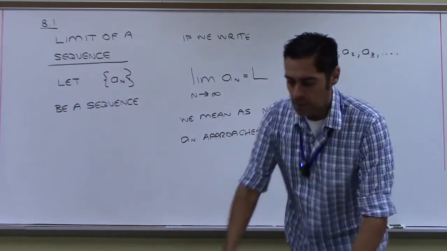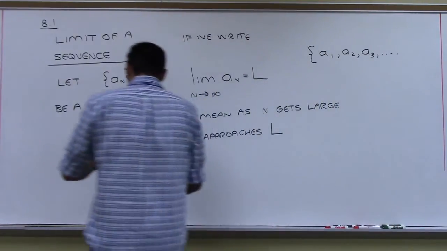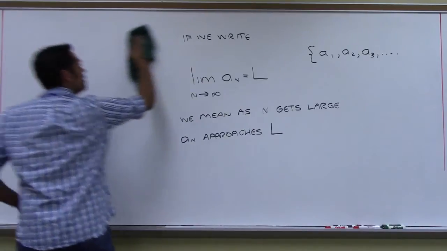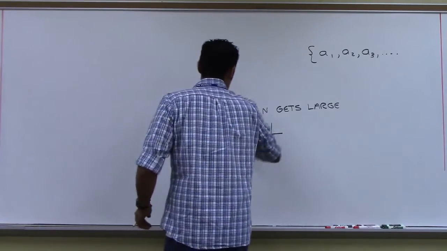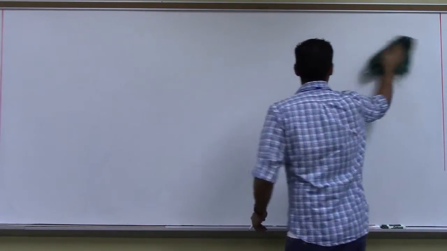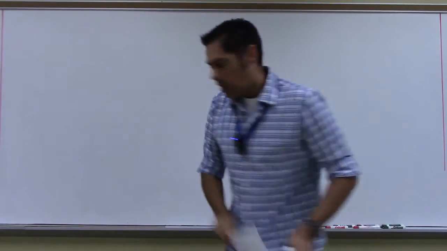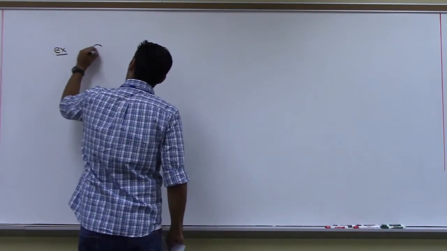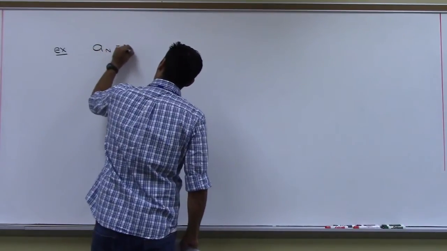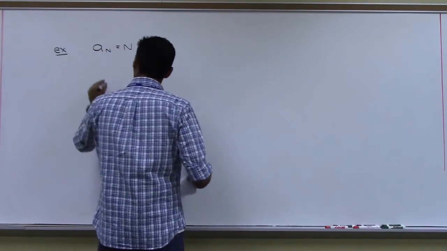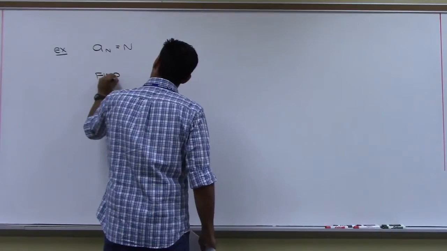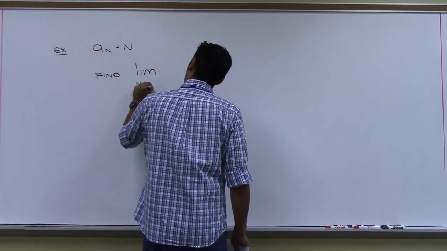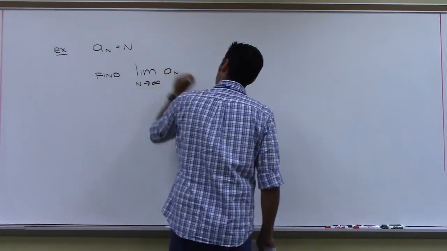Now, I'll give you a couple of examples of limits of sequences. And you can see how we're going to utilize a lot of stuff we did in Cal 1. All right, so as an example, let's take the sequence a sub n equals n. And I want you to find the limit as n goes to infinity of a sub n.